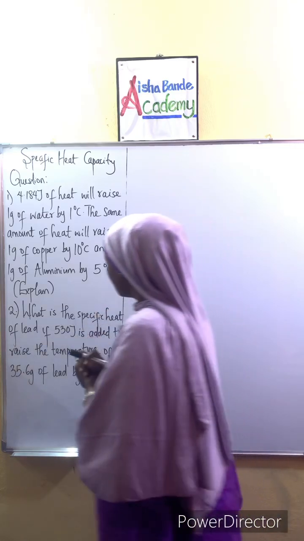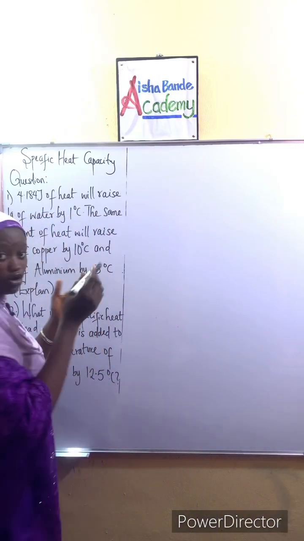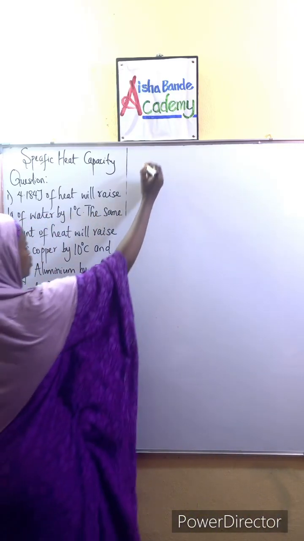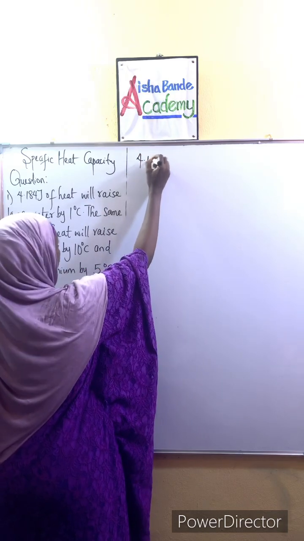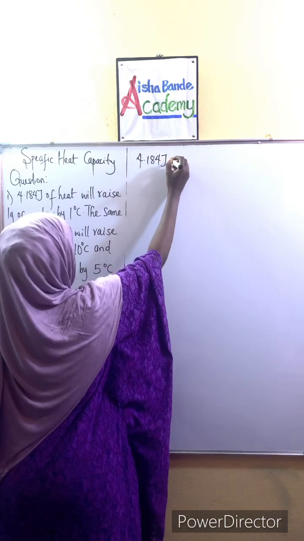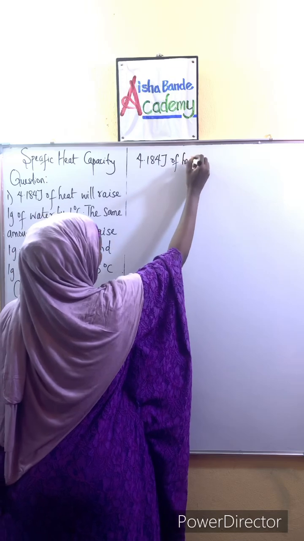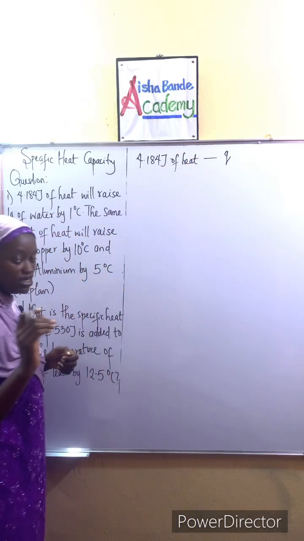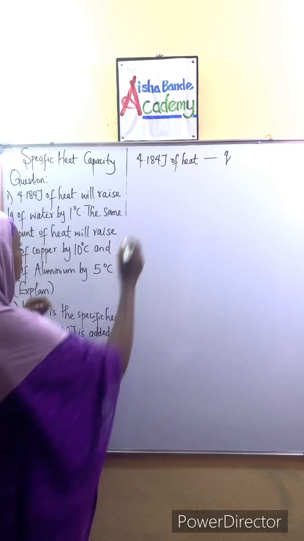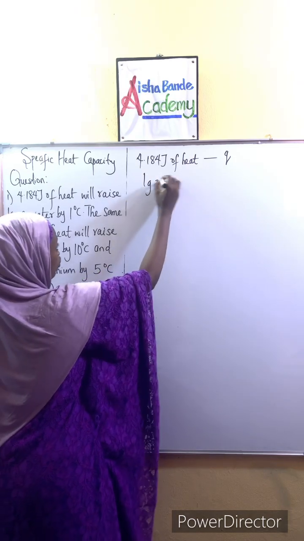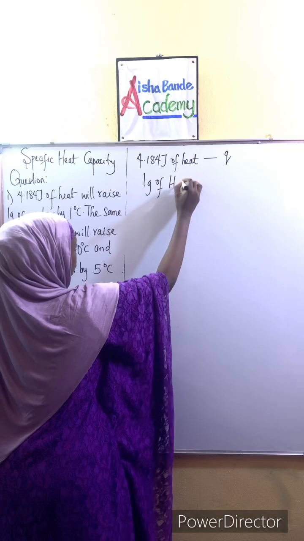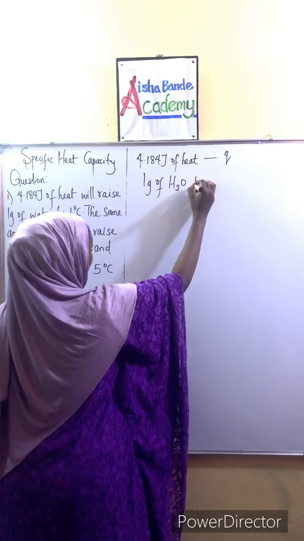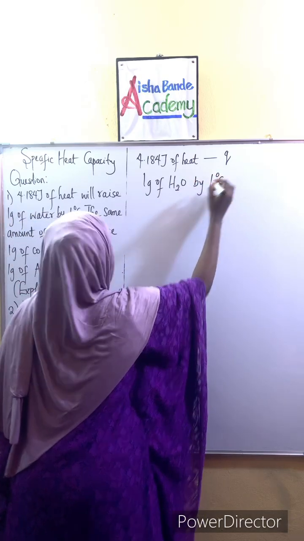All we need to do is to bring out the parameters from the question. 4.184 joules of heat is the value of our Q. This heat will raise 1 gram of water by 1 degree Celsius.